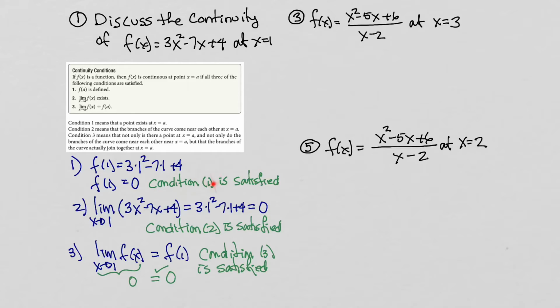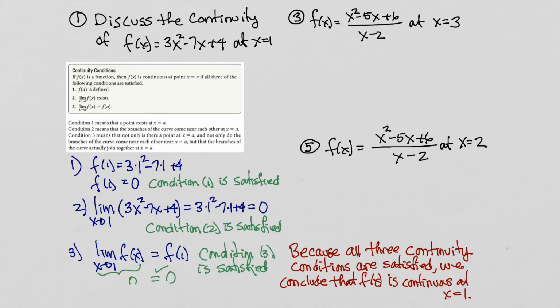Since the first condition is satisfied, the second is satisfied, and the third, all three conditions are satisfied. So we can state now that this function, back in number 1, is continuous at this point. Let's make a statement here. Because all three continuity conditions are satisfied, we conclude that f of x is continuous.